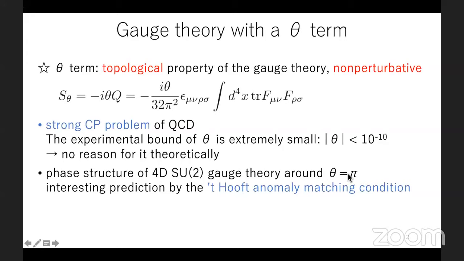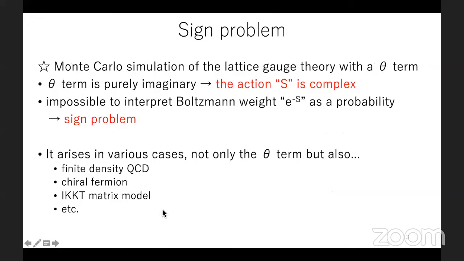Actually, at this point, theta equal pi, a phase transition occurs. So there is much interesting physics around here. In fact, this is related to our future work, so I will explain briefly later. Let's go to the next.